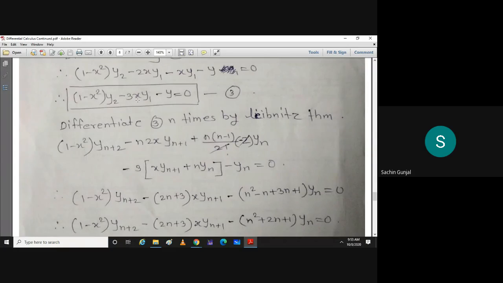Okay. So apply Leibniz theorem for this x into y1. So NC0, that is 1, nth derivative of u. So one derivative is already there plus n more derivatives. So y n plus 1 into v as it is, that is x, plus NC1.